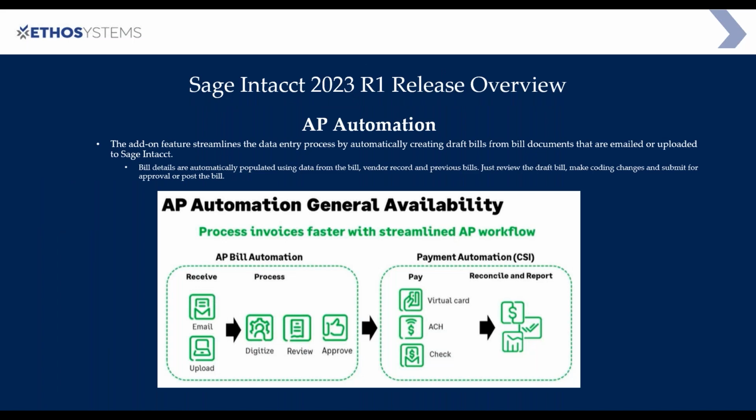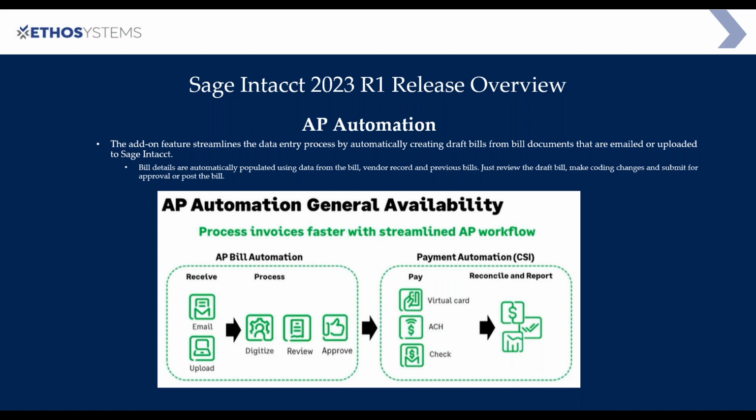First thing that is available in this release is some AP automation. Now, this is a new service feature that allows you to automatically create bills and avoid the data entry process for yourself.